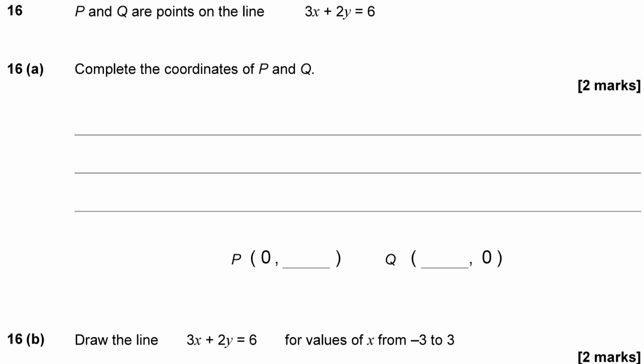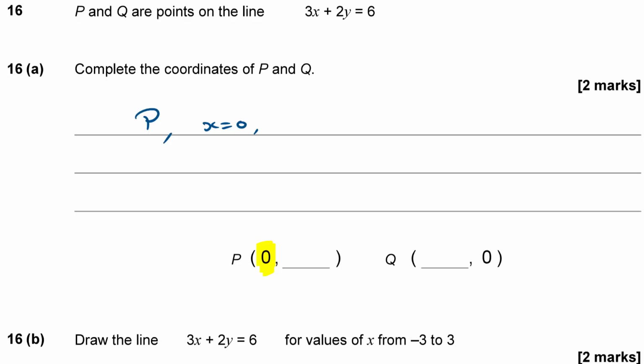Question 16. P and Q are points on the line 3x plus 2y is equal to 6. Complete the coordinates of P and Q. So let's start off with P first. For P, we can see that the x coordinate is 0.